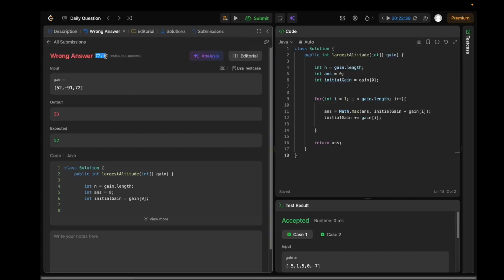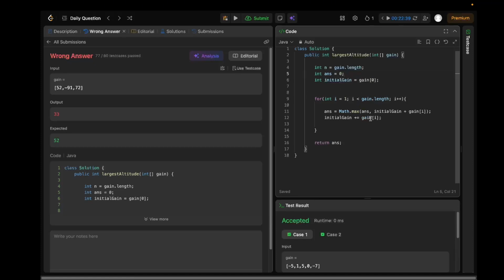Okay, so 77 were passed. Okay, what's the error here? So initial gain was 52. Yeah, I think initial gain equals to gain 0, right? Oh, let me, instead of answer, initial gain comma, I think answer is not required.